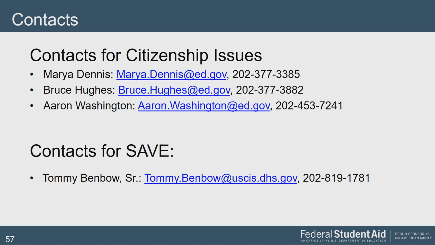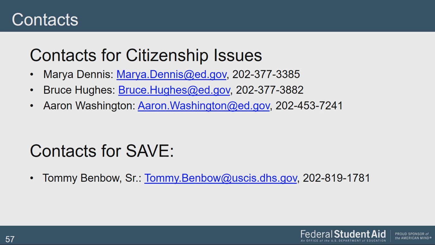These are our contact names and email addresses and phone numbers. But to tell you the truth, we'd really like you to just send your questions to Application Processing Division at ed.gov. When I get them in my email box, I just send them on to Application Processing Division at ed.gov because I have another colleague who goes through that email box every single day.